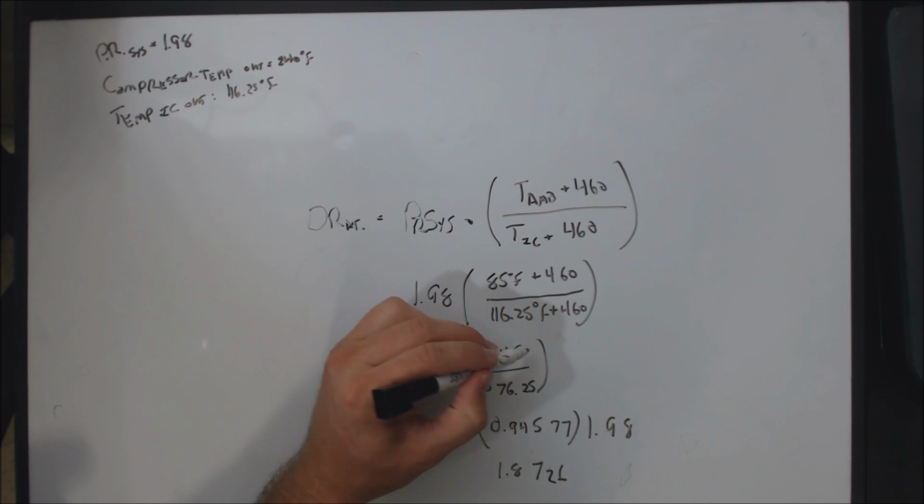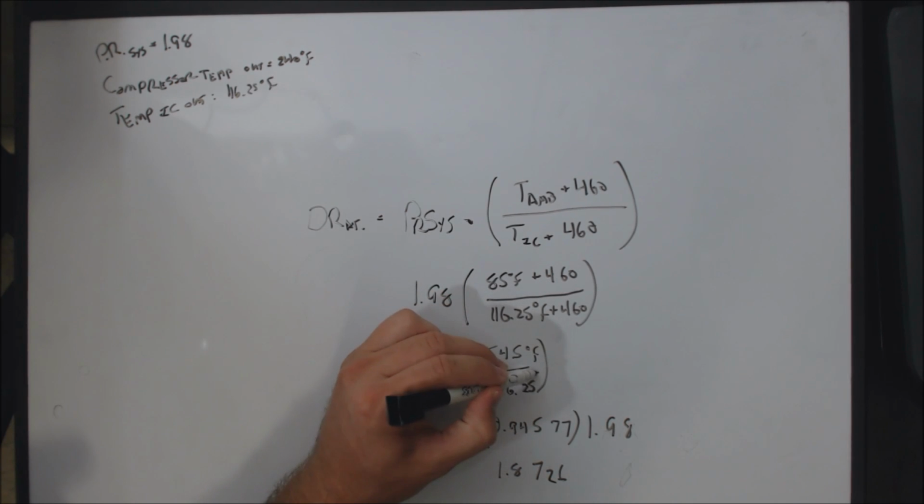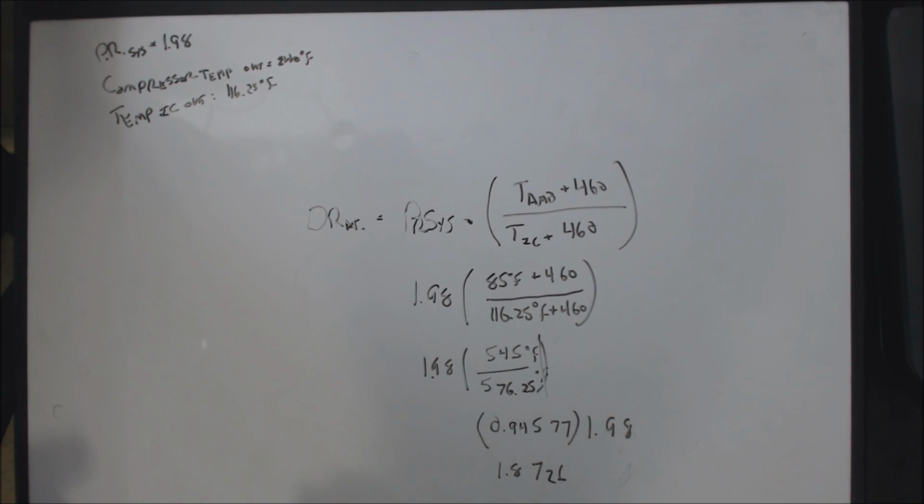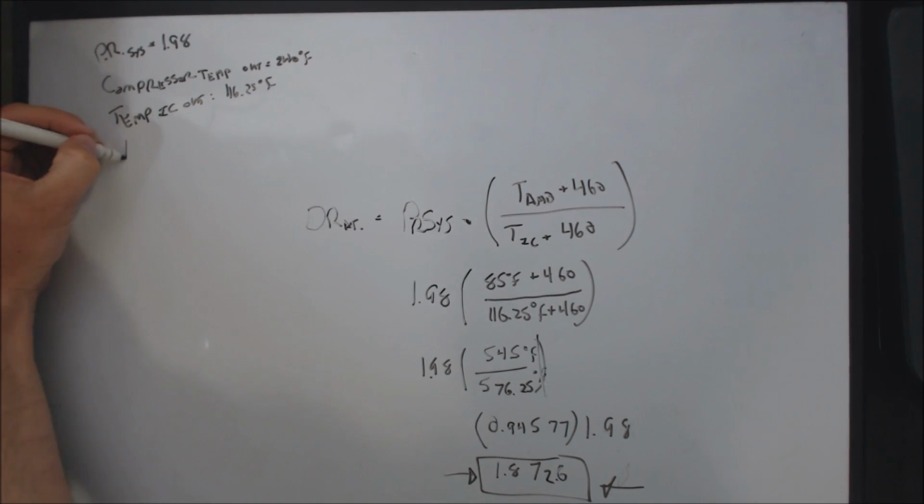Notice my degrees Fahrenheit here and here canceled out to give me a constant. So my density ratio is 1.8726, meaning I'm going in 1.8726 times more dense into the engine than I was before. And this is a really big determining factor of the kind of power that I'm going to make. So I'll write it up here.